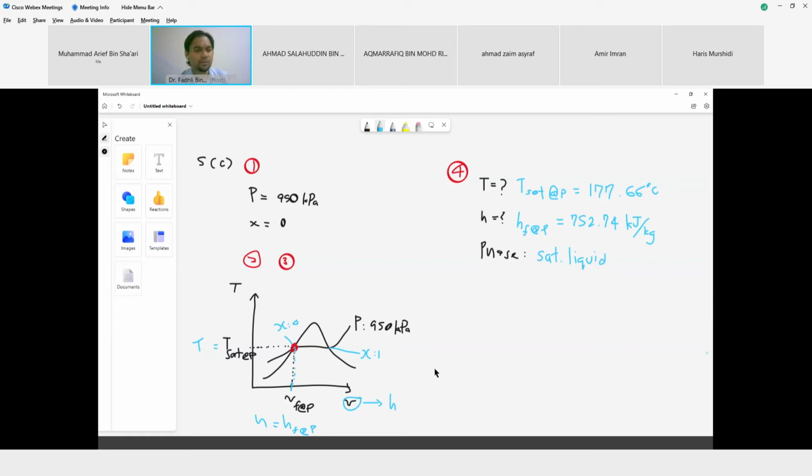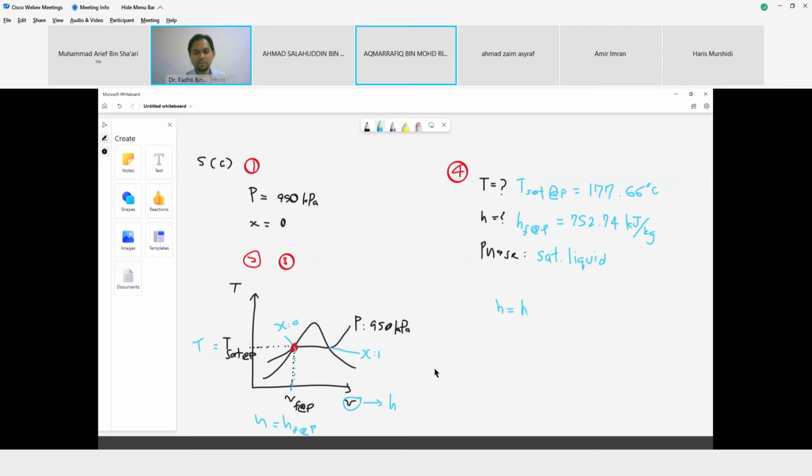Okay, next D. Doktor, kiranya untuk H yang ini kita tak payah guna HF tambah X HFG lah, kan? Tak perlu. Kalau kamu nak pakai pun boleh, tapi kalau pakai jadi macam lain sikit. Sama. Cuba tengok.